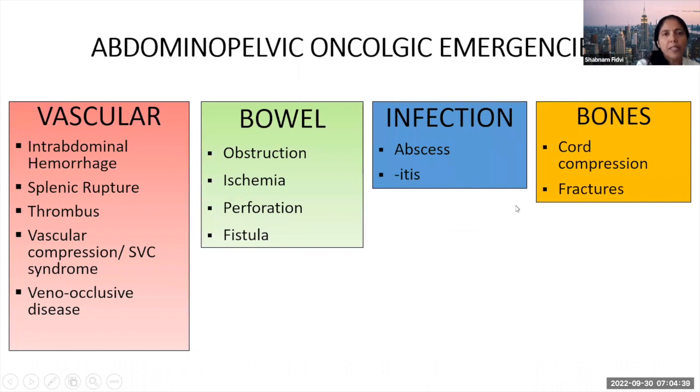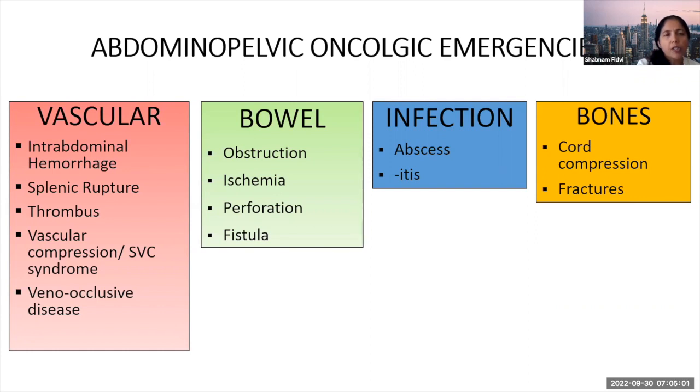For the purpose of this talk, I've divided it into 4 major sections. These include vascular, bowel, infection, and bones. In vascular, I'll talk about intra-abdominal hemorrhage, hepatic rupture, thrombus, and SVC syndrome. Because of the constraints of time, I won't discuss veno-occlusive disease.